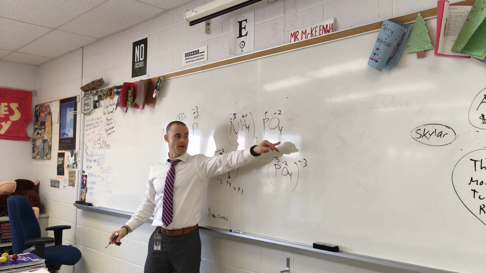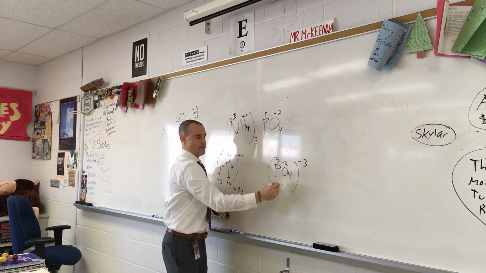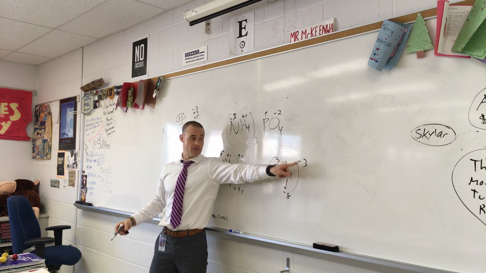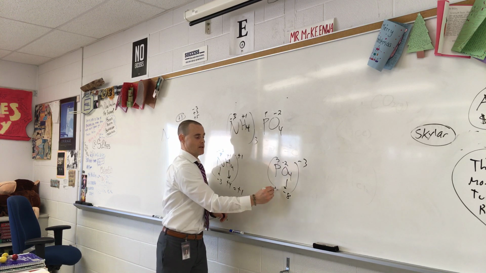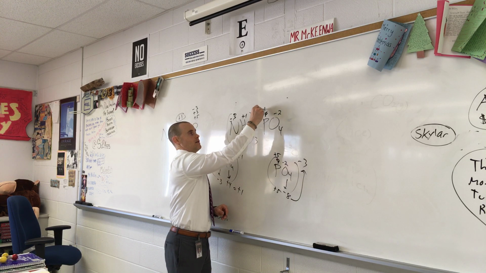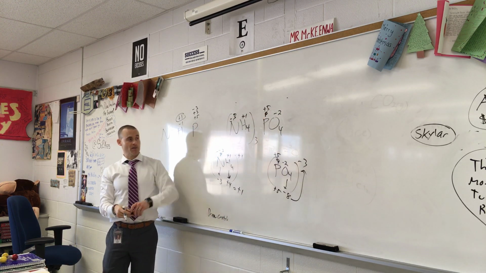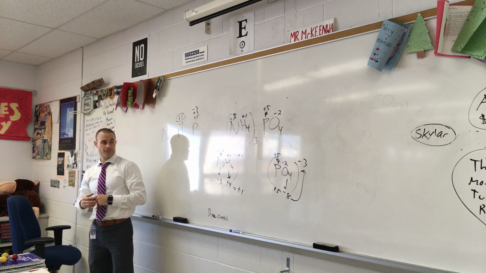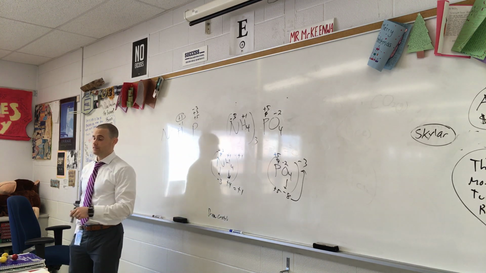I do the same thing over here. If this is negative 8, and I need all of this to add up to negative 3, this must be a plus 5, because that adds up to minus 3. So that's a plus 5. And that's how I would do that. I wouldn't even mess with the compound. I would look them up on table E and do it that way. But that's about as hard as it gets.